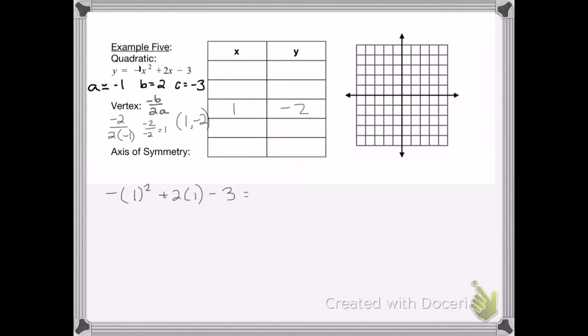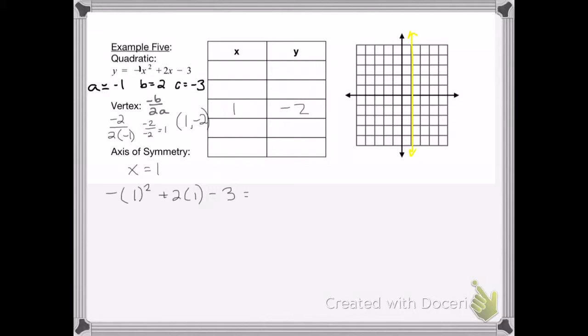So our vertex is 1, negative 2. And our axis of symmetry is just x equals 1. Okay, so I'm going to go ahead and graph those while I'm here. My axis of symmetry is at 1, right about there. And our vertex is at 1, negative 2.